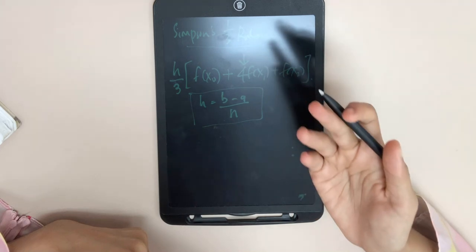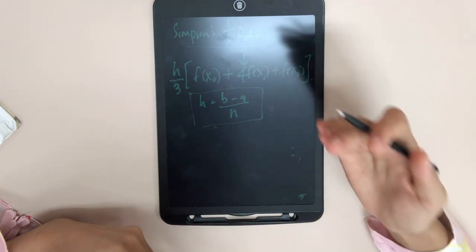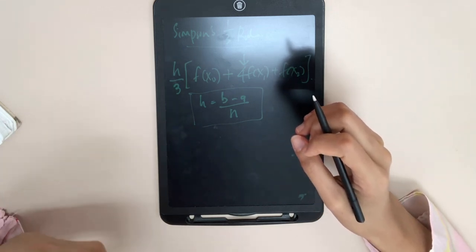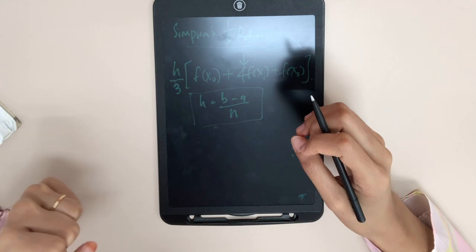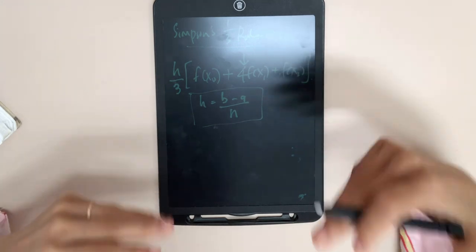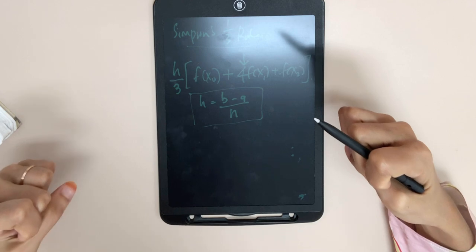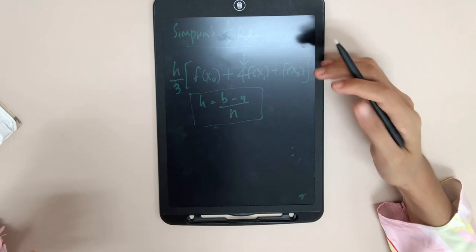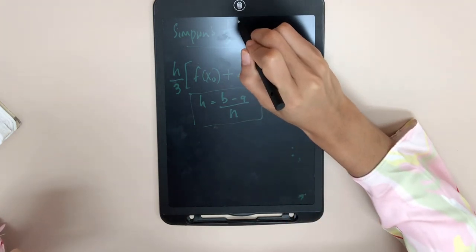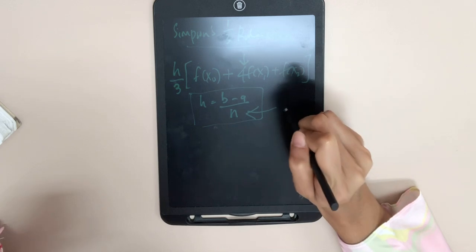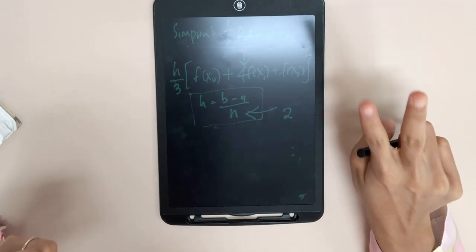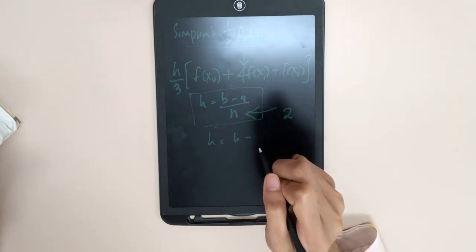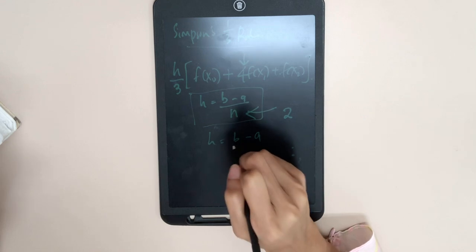So b and a, I think all of you already know, are the starting and the last point. And n is an integer, and n actually refers to the segment. So for Simpson's 1/3, your n is already fixed at 2. That means your h is (b minus a) over 2.